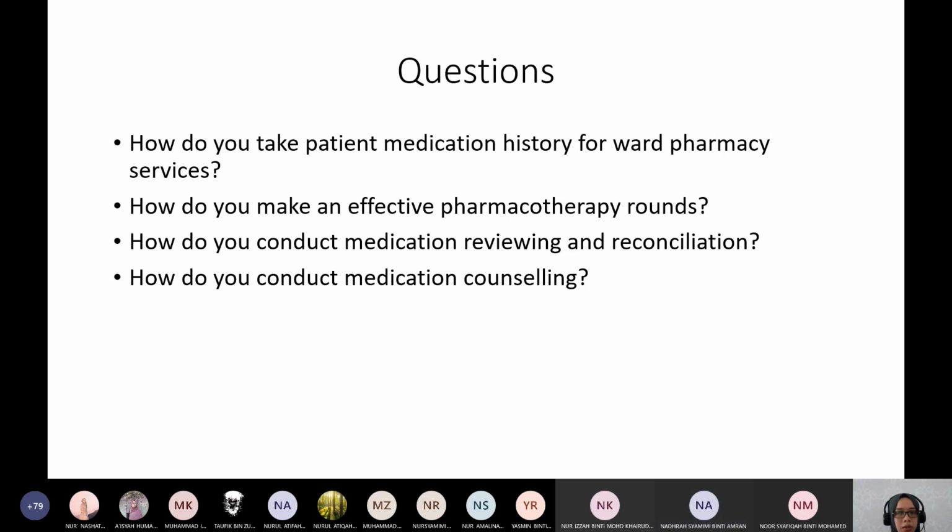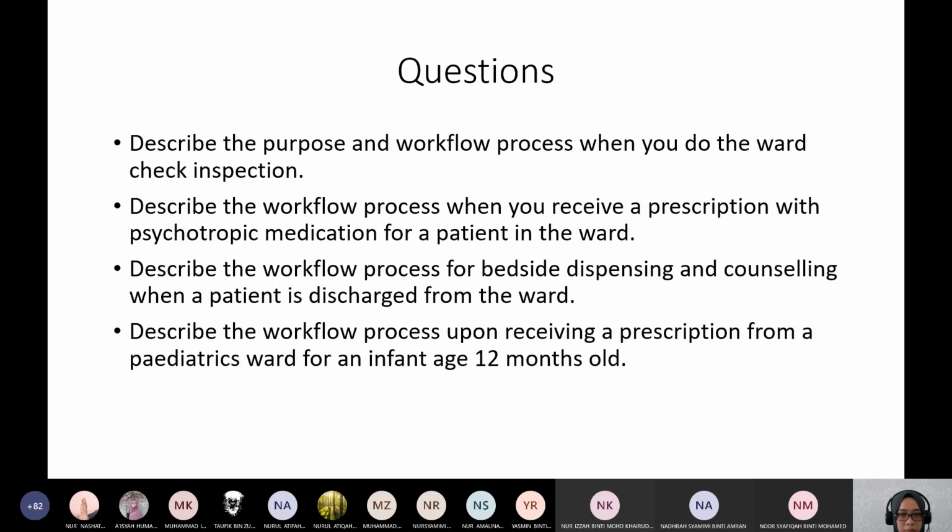They can also do it if there is no clinical pharmacist in the ward, whether bedside counselling or discharge counselling. And another one is clinical pharmacists, if the patients are under their care in the ward, then they need to do it. Counselling can be done individually or in a group.